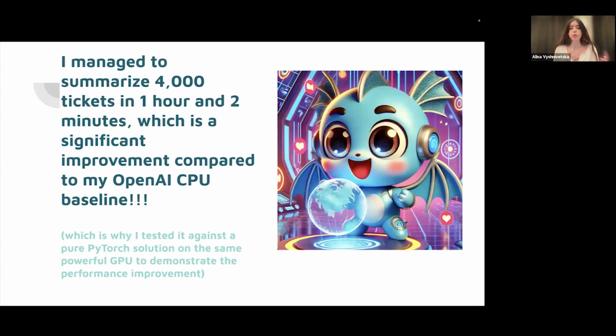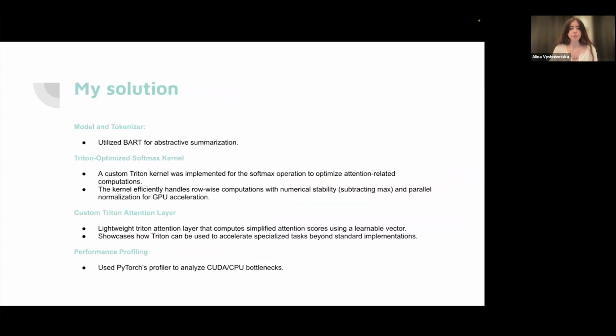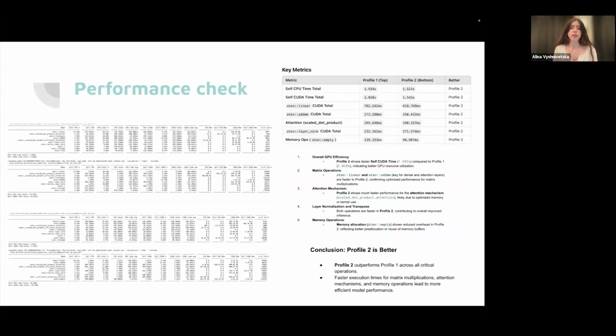And as I said before, comparing with OpenAI completion on CPU is not fair, because using an API on a CPU and using a more low-level solution on a really powerful GPU is not comparable. But that's why I compared.